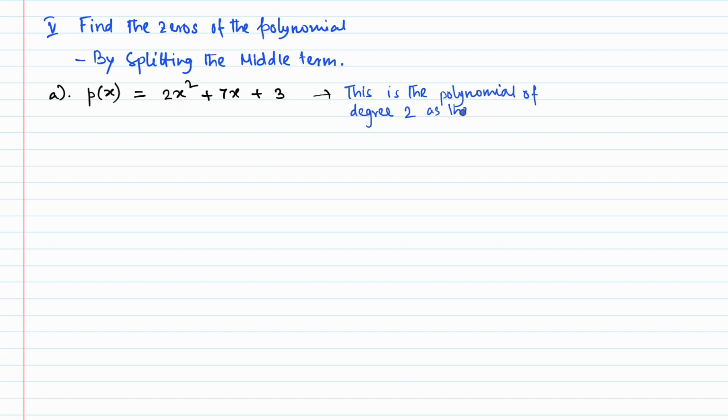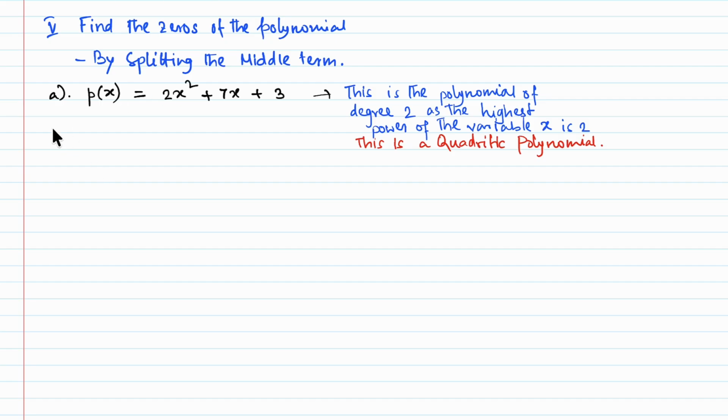So what is the main difference? It has another coefficient added apart from the coefficient of the variable x. It has another coefficient, that is for x square. So this is a polynomial of degree 2, as the highest power of the variable x is 2. This is a quadratic polynomial.